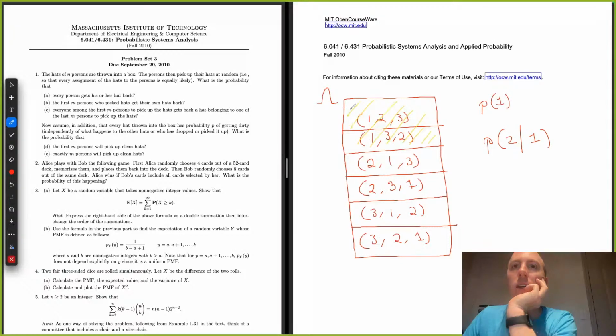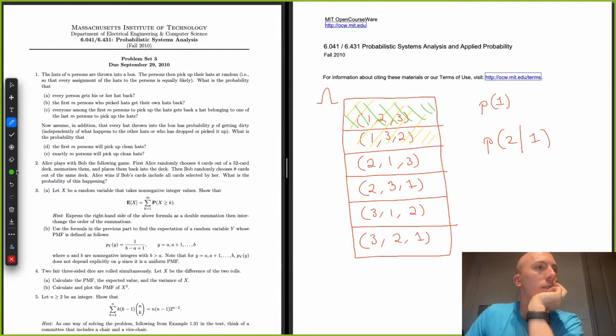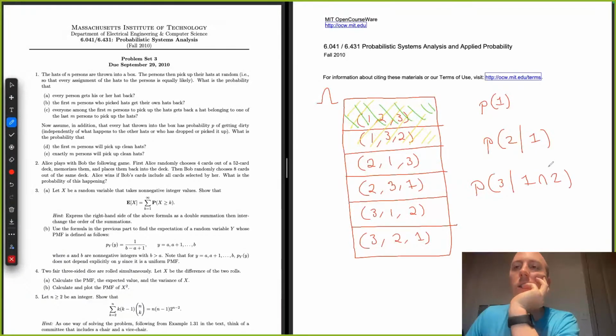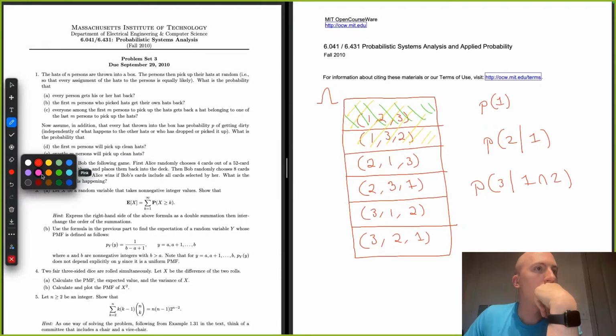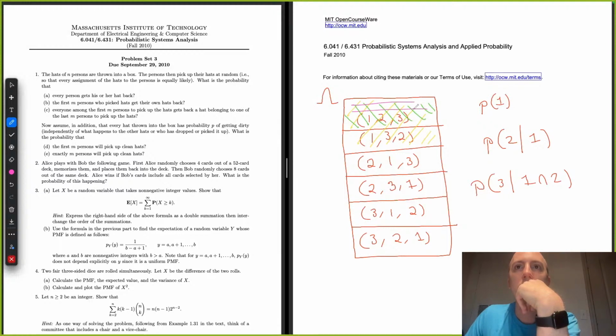We're conditioning on this, and what subset of this is 2? Well, it's the intersection. It's just this guy right here. And now we say, all right, what's the probability of 3 given 1 and 2? So we're just in this universe here. So the probability of 3 happening is this one right here. It's still the same.